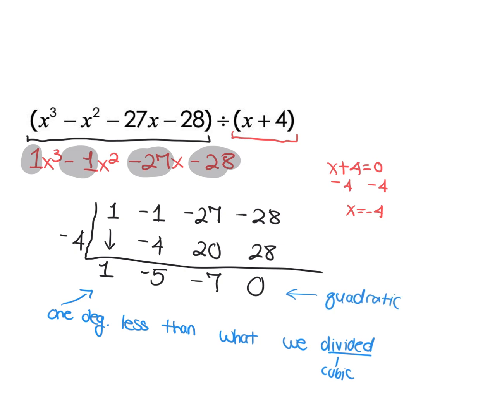So we rewrite this as 1x squared minus 5x minus 7, which is just the same as x squared minus 5x minus 7. So your final answer from above is x squared minus 5x minus 7.